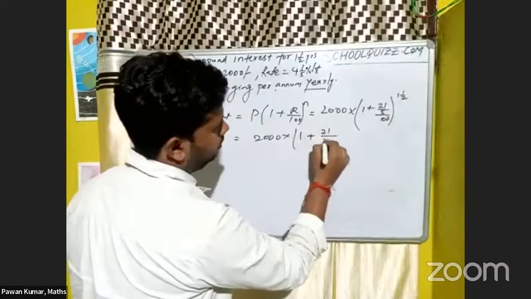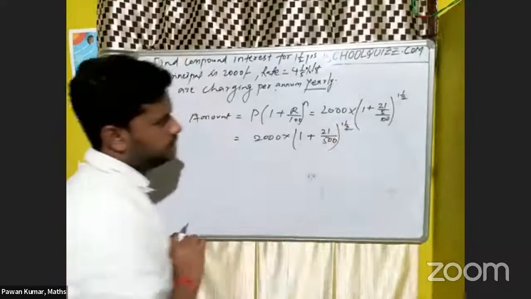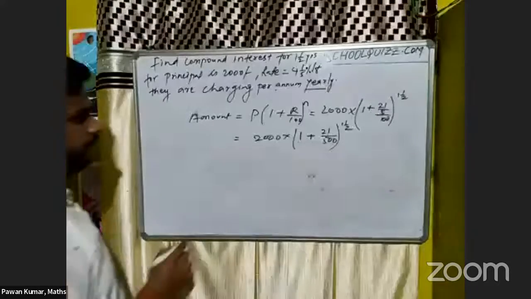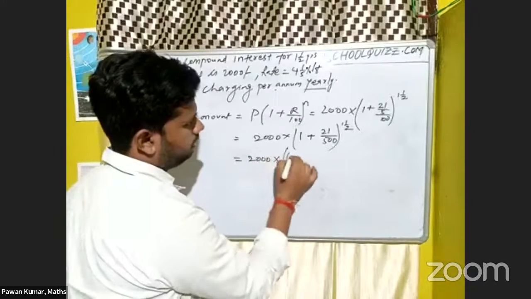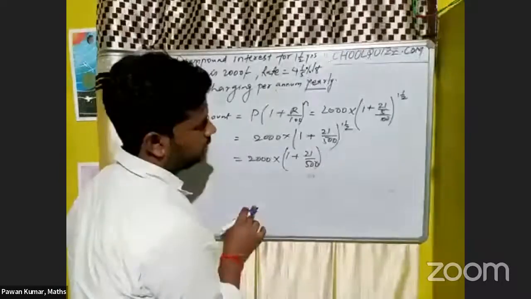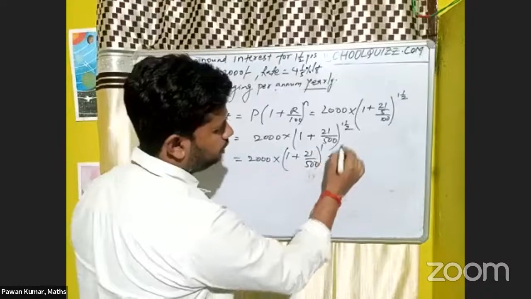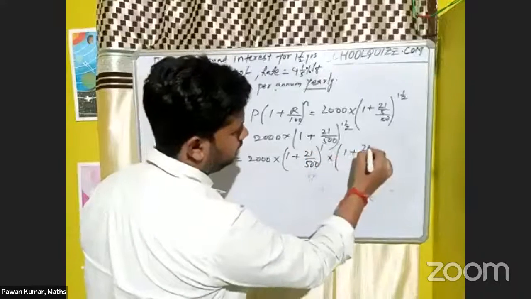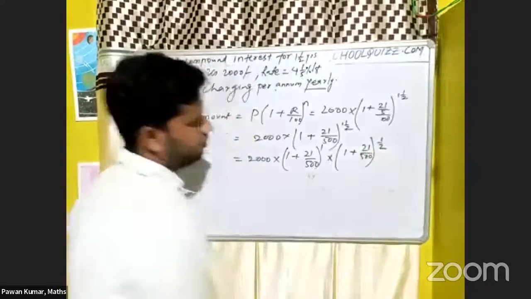So 1 plus 21 by 500, to the power 1 1/2. Up to this you understand? Correct? Now 2000 into 1 plus 21 by 500, and this 1 will be added here.